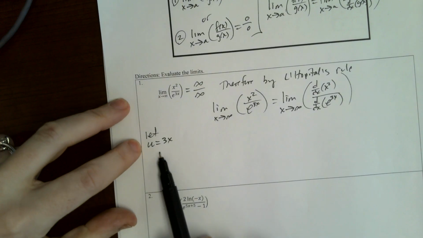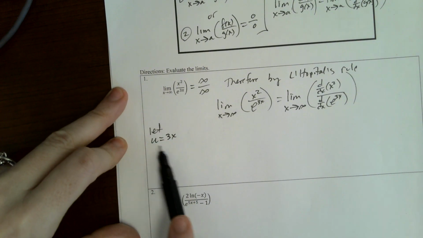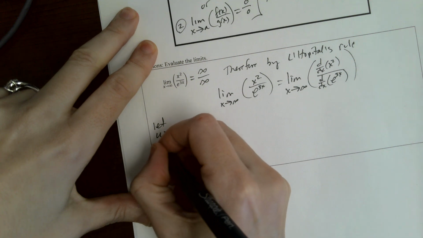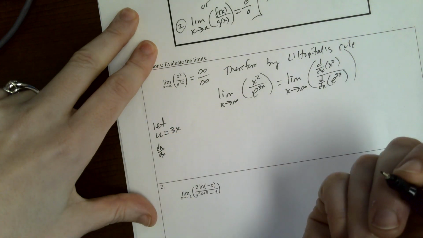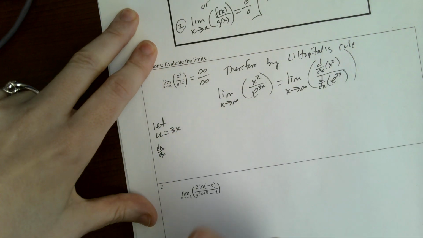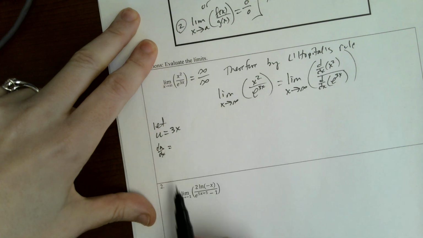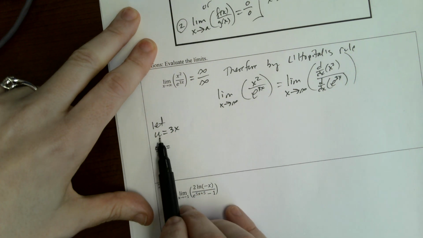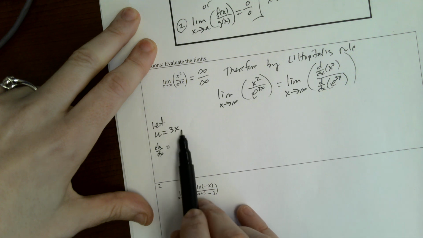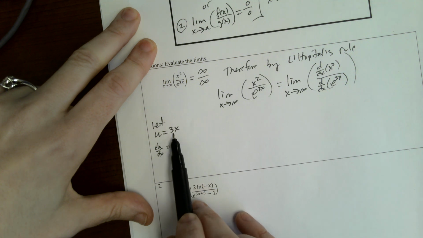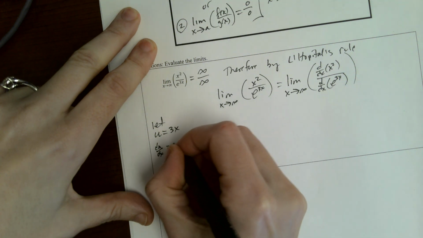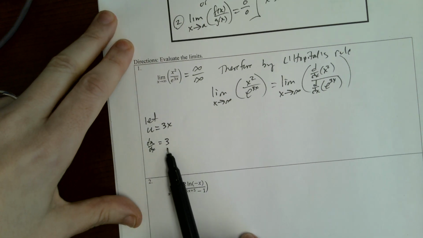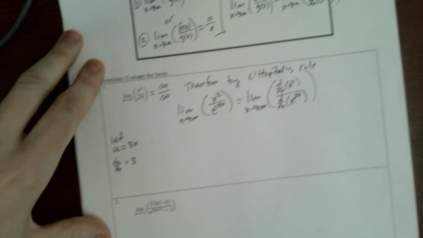From now on, if we do a u off to the side, I am immediately underneath it going to go du/dx and find it. du/dx is the derivative of u with respect to x, the derivative of 3x, and so that's 3. So when I see du/dx, I can plug 3 in for it.